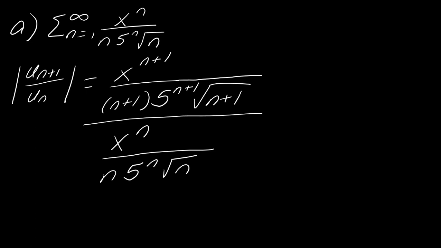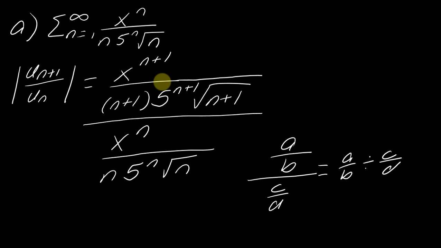The thing I'm going to leverage for all of these examples is that if I have a over b divided by c over d, which is effectively what I have here, that is just a over b times d over c. So I can take the reciprocal of this and multiply it out.